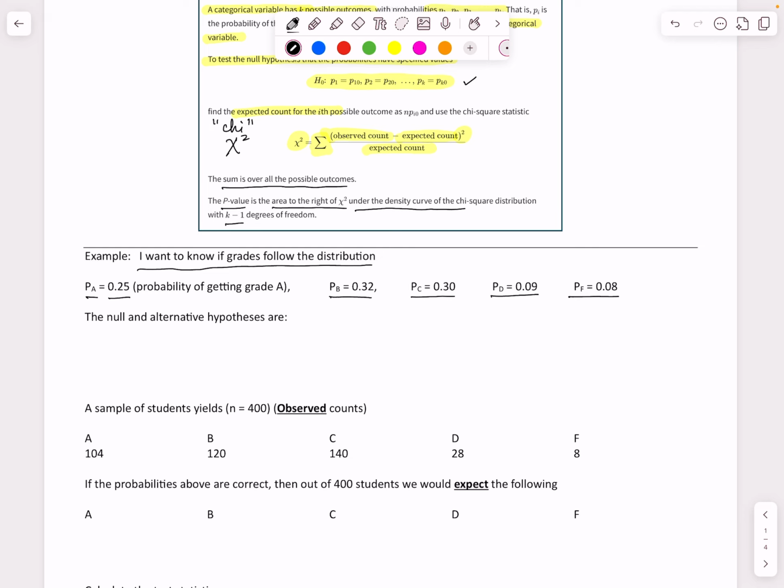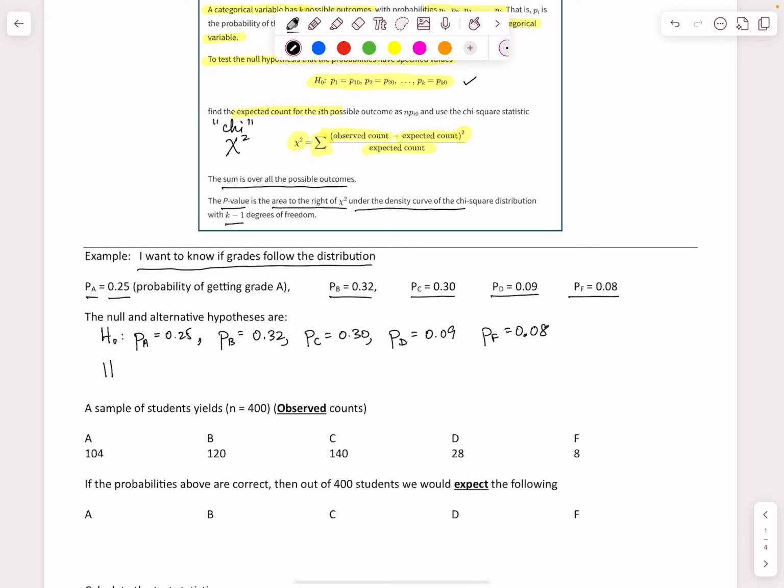So my null hypothesis is that the probability of A is in fact 0.25, the probability of B is 0.32, the probability of a C is 0.30, the probability of a D is 0.09, and the probability they get an F is 0.08. So that's my null, that those are the probabilities.